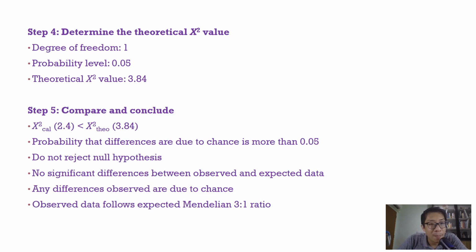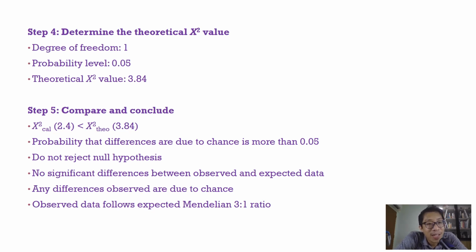Now you compare the calculated chi-square with the theoretical chi-square value. The calculated chi-square value is smaller than the theoretical chi-square value. A smaller chi-square value means that the probability is higher than 0.05.